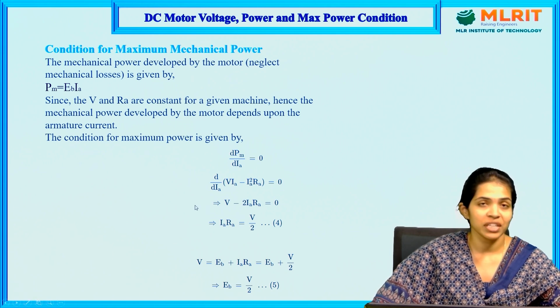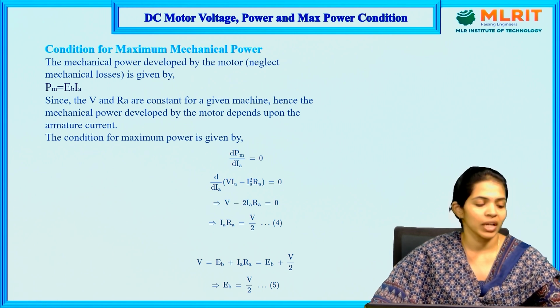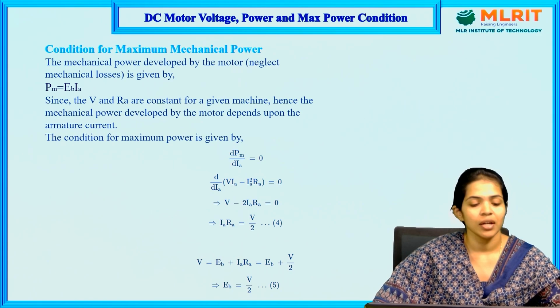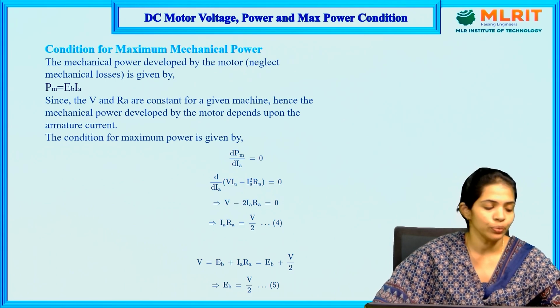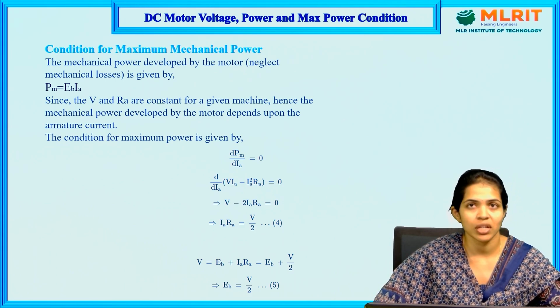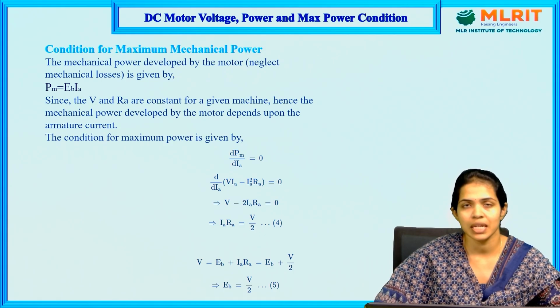So after deriving these three, that is, the voltage equation, the power equation and the condition for maximum mechanical power, we are going to calculate the respective losses of a DC motor, and then do the efficiency calculations, and from there calculate the condition for attaining the maximum efficiency for a DC motor.